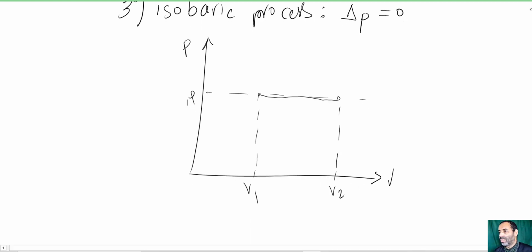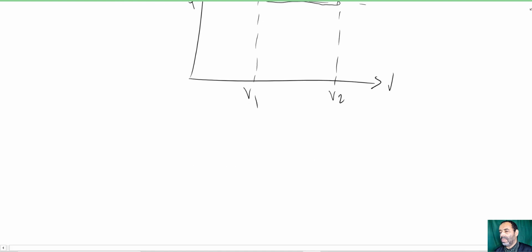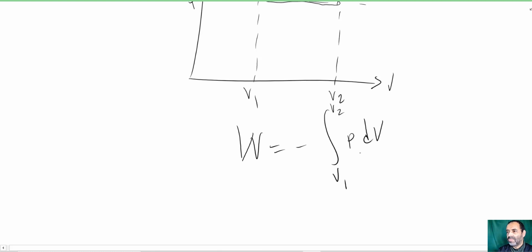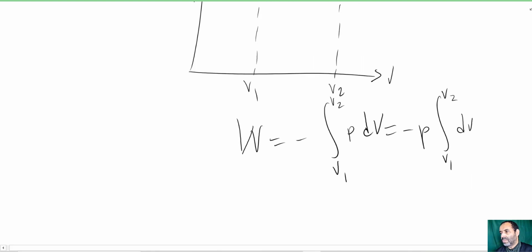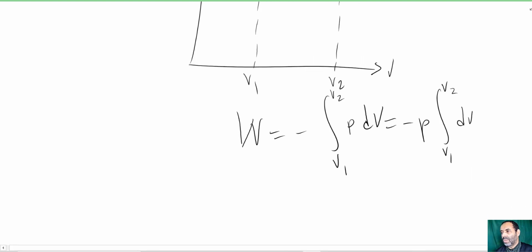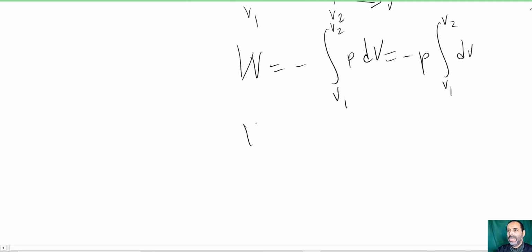Now we want to find what that work is. It's simple in this case. W is equal to minus the integral from volume V1 to volume V2 of P dV, where P is constant now. P comes out of the integral. It's minus P times the integral from V1 to V2 of dV, which is simply equal to the difference of the two volumes times the pressure. So it's minus P times the change in volume.